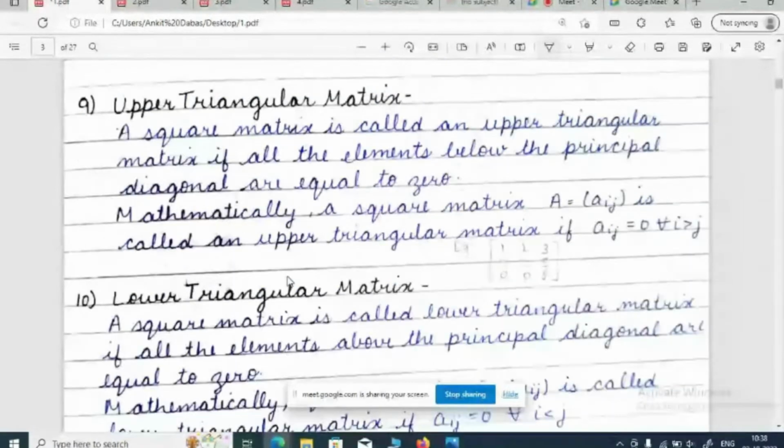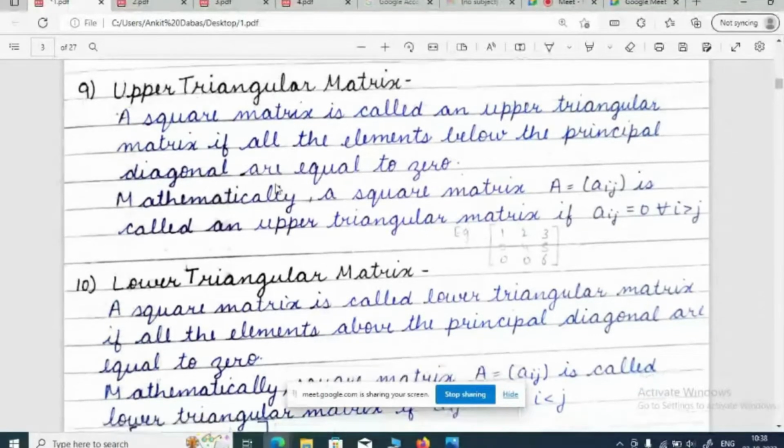Next is an upper triangular matrix. Here is an example of an upper triangular matrix, where the entries which are below the principal diagonal are all equal to 0.